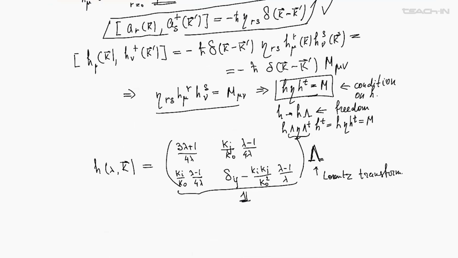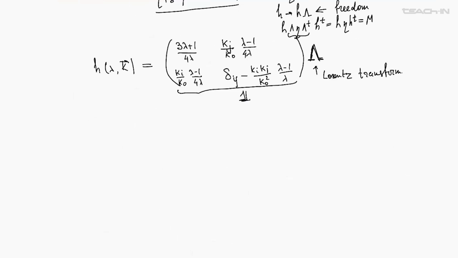So the Hamiltonian which arises in this covariant quantization approach will take the following form. So integral over d3k, oops, sorry.